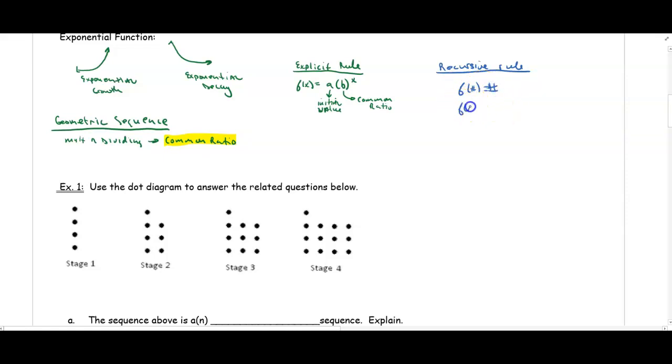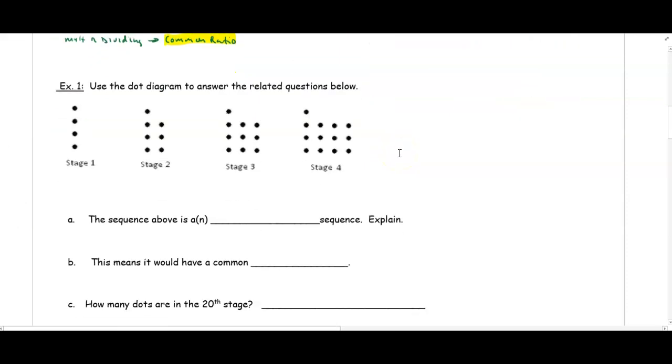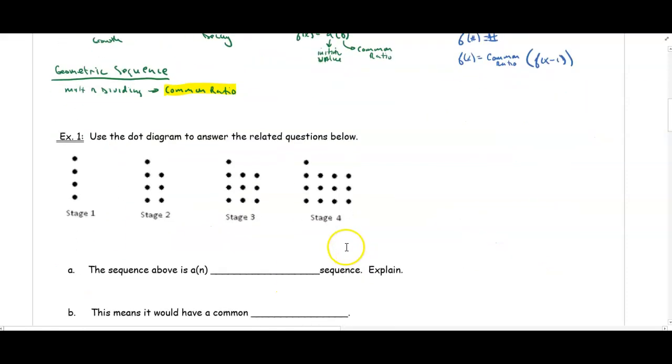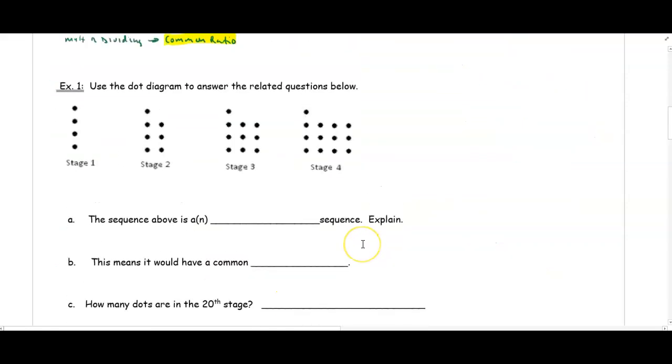And then it's going to be f of x equals your common ratio times your previous term, which is f of x minus 1. Okay, so when we look at this, it's knowing which one you have. Do you have a common difference or a common ratio? And knowing what formulas to use. So let's take a look at a couple of examples here.